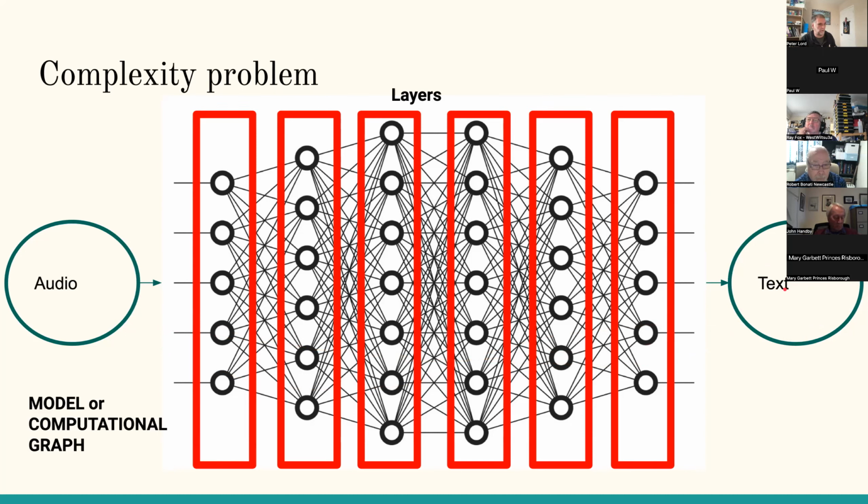So this would be an example of audio to text: Alexa, turn on the lights, or whatever your voice command would be. Same principles though. Regardless whether you're doing text to text or audio to text, the concept of neural networks is the same. We could do image to text.